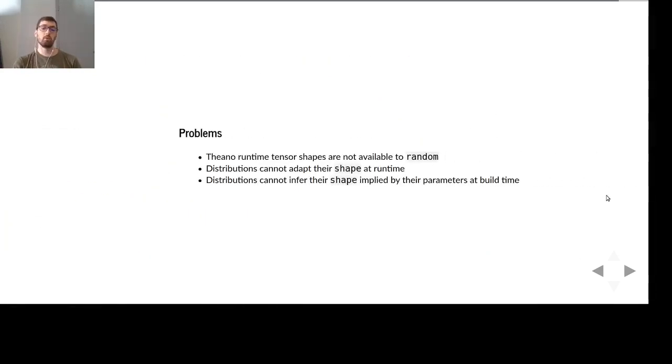The problem is that Theano has symbolic tensors that have their shape sometimes completely unknown at build time, and you can only have them at runtime, and the runtime isn't available to the distribution once we build it, so we can only see the shape at runtime, and that's a problem for us. Our distributions cannot adapt their shape at runtime, and our distributions cannot infer their shape based on symbolic tensors from Theano at build time, because sometimes those don't even actually have a shape.